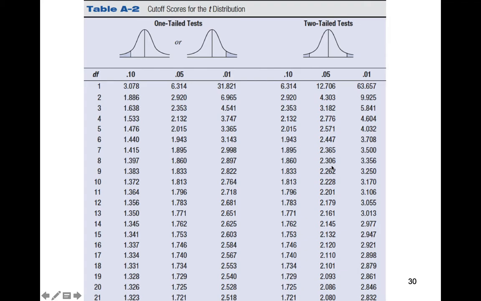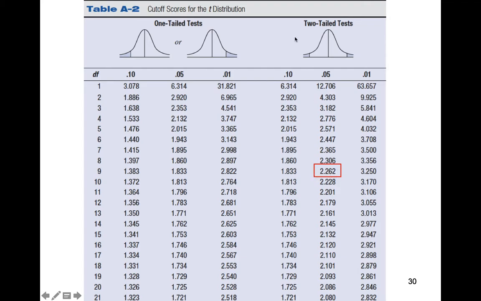But by convention, especially in psychology and other social behavioral sciences, we use an alpha level of 0.05. Okay. So all we need to do is determine what's our degrees of freedom. Are we doing a one-tailed test or a two-tailed test? What's our alpha level? Based on those three pieces of information, the type of test that we're doing, degrees of freedom, and alpha level, we can just locate the appropriate critical value.